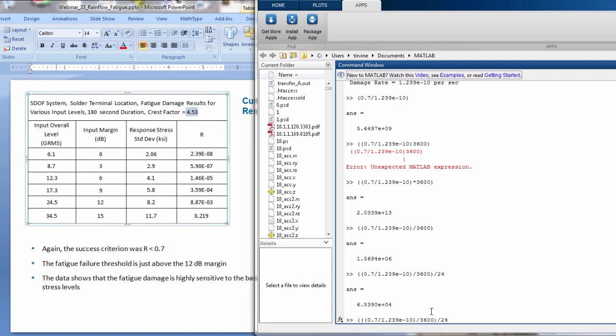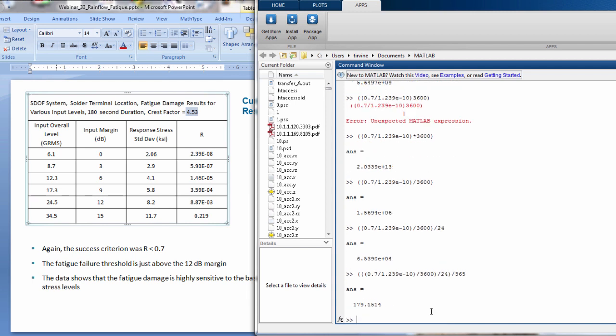How many years? I get a little tongue-tied here. You're just going to have to put up with that. Okay, 179 days, if I've done that right. So we calculated the number of seconds based on the damage rate, the number of hours, the number of days, the number of years.